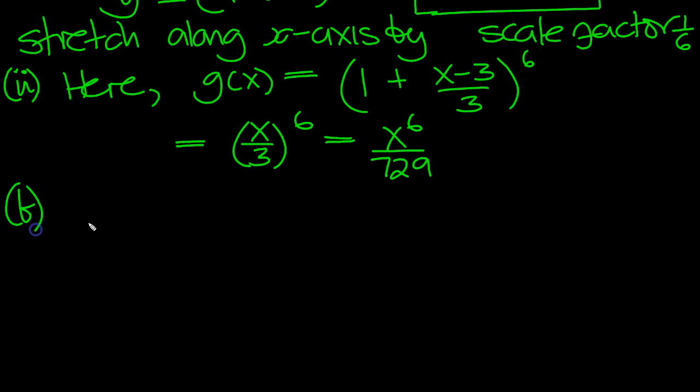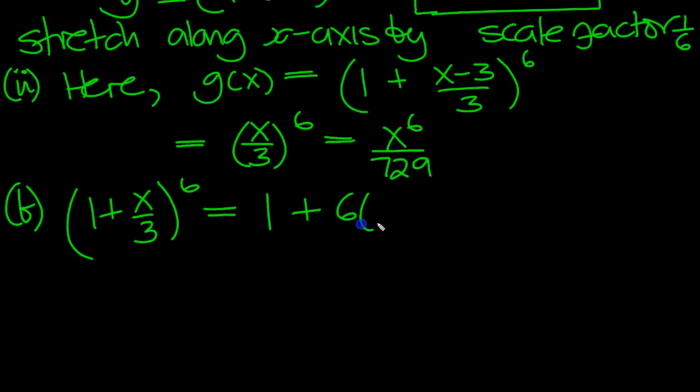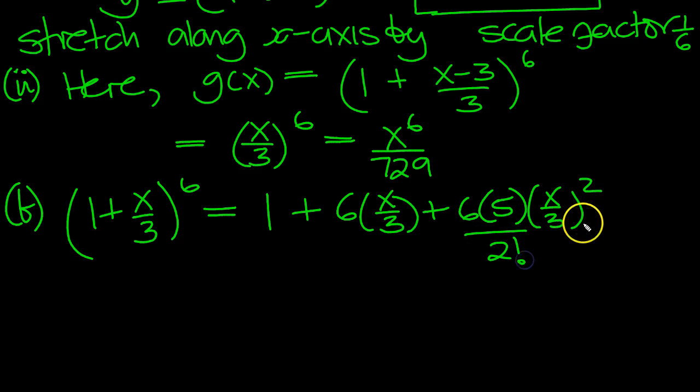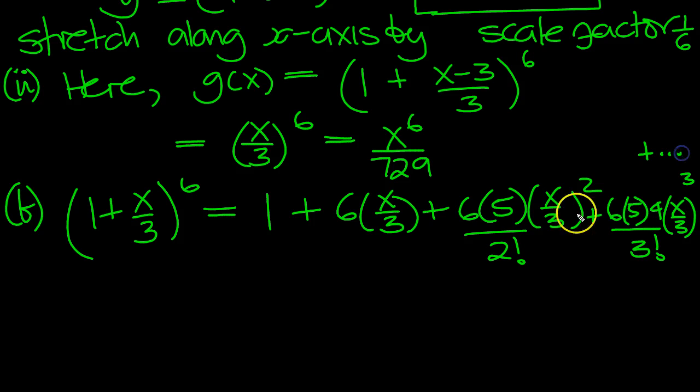So part B, (1 plus x over 3) to the power 6, we want the first 4 terms. 1 plus nx plus, using the binomial theorem, n(n minus 1) x squared over 2 factorial plus n(n minus 1)(n minus 2), which is 4, times (x over 3) cubed over 3 factorial plus dot dot dot. These are the terms then.